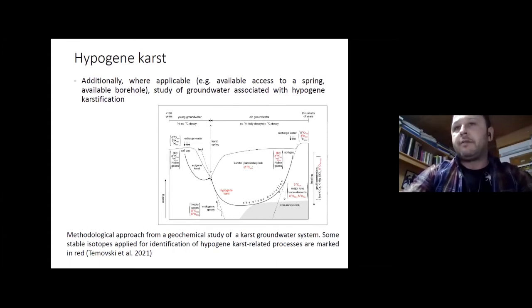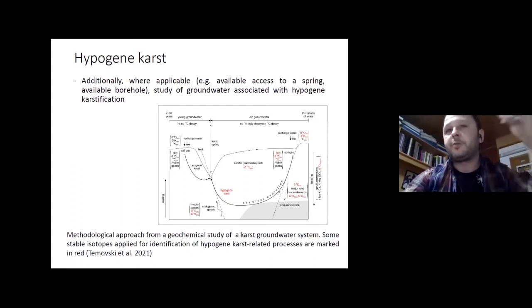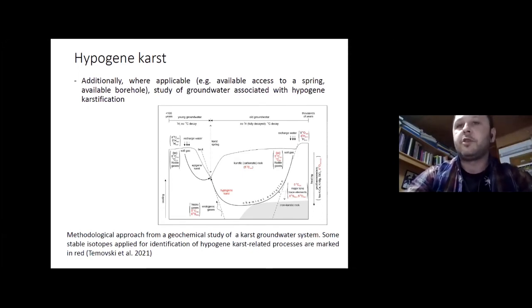Here you have noted in red some of the characteristic positions or aspects of this kind of karst system to which we can apply stable isotopes to identify certain properties of the karst system.